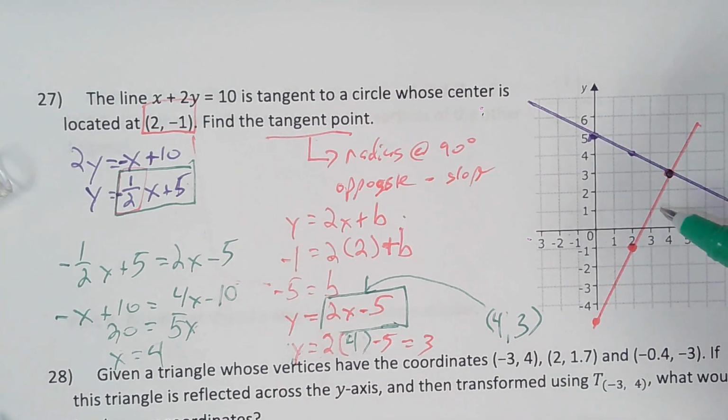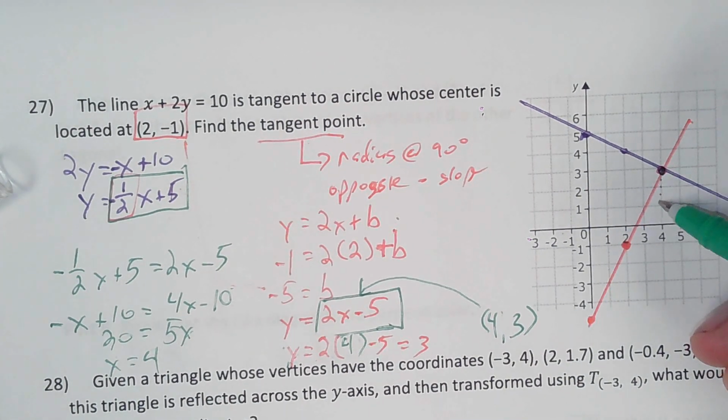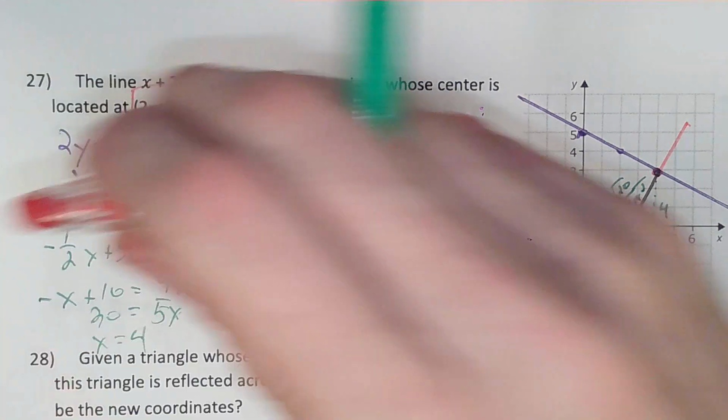All right, so in case you were wondering, this is my radius length, the radius of my circle, and it's 2 over and it looks like it's 4 high. So it's going to be the square root of 2 squared plus 4 squared, which is the square root of 20, or 2 square root of 5.